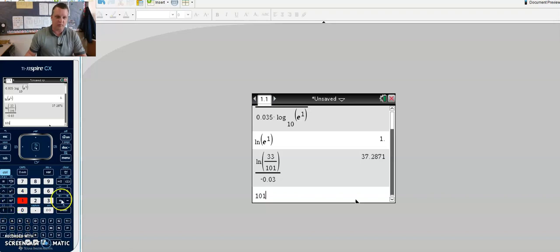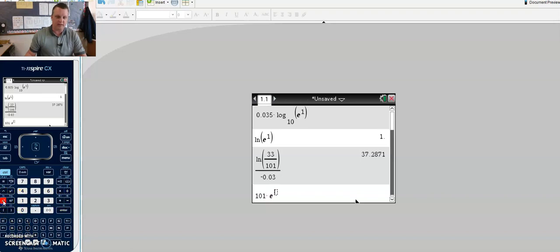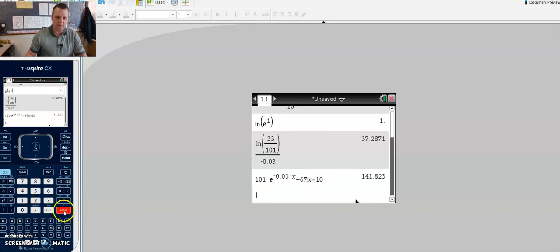So you have 101 times e to the power negative 0.03x, and I'm just using x again instead of m, plus 67, such that x equals 10. Enter.